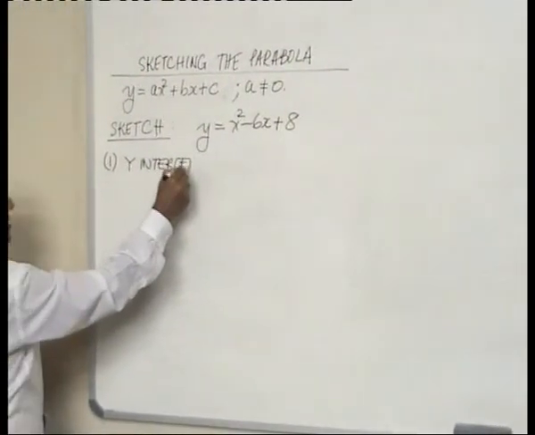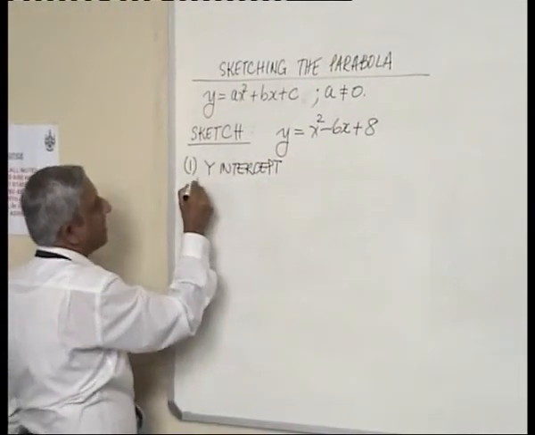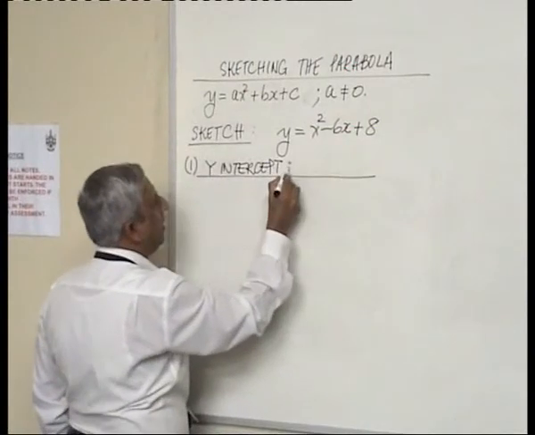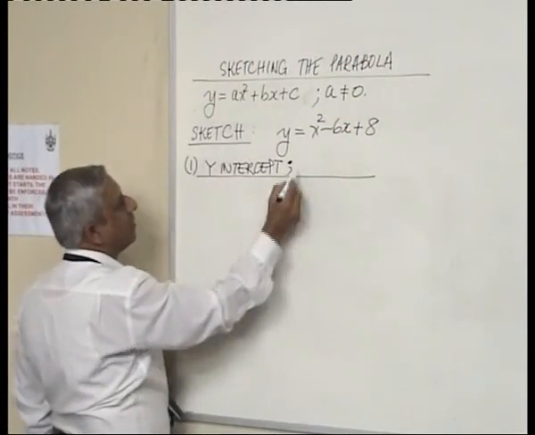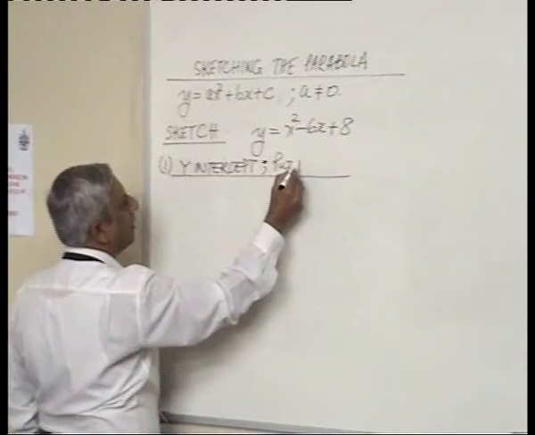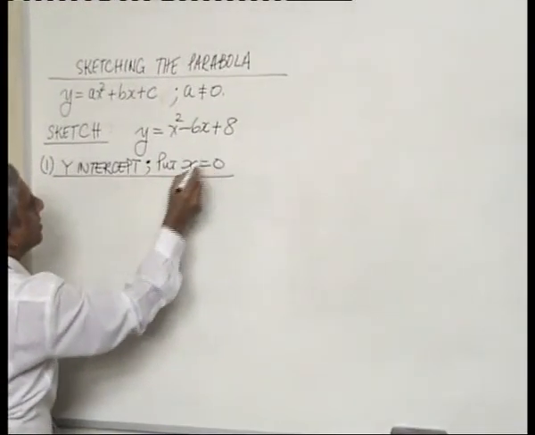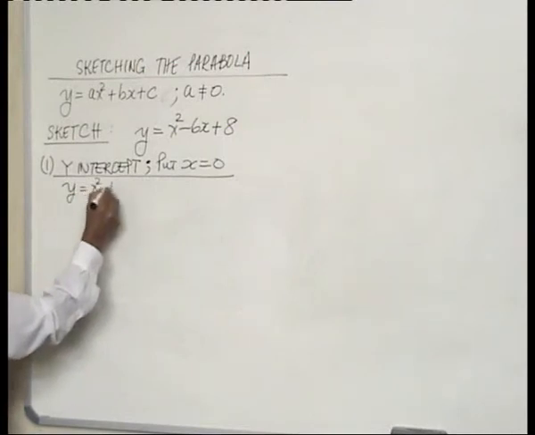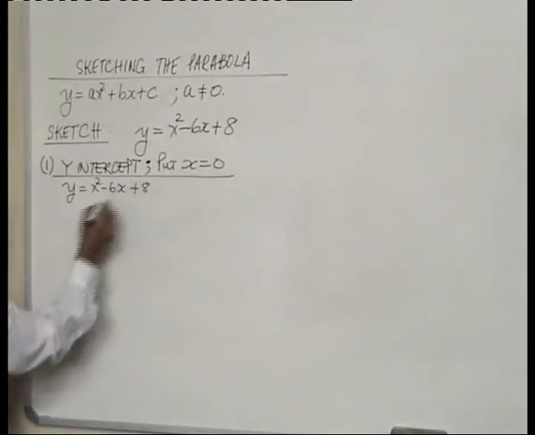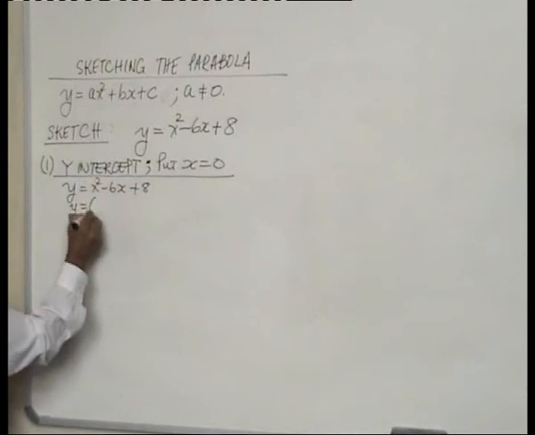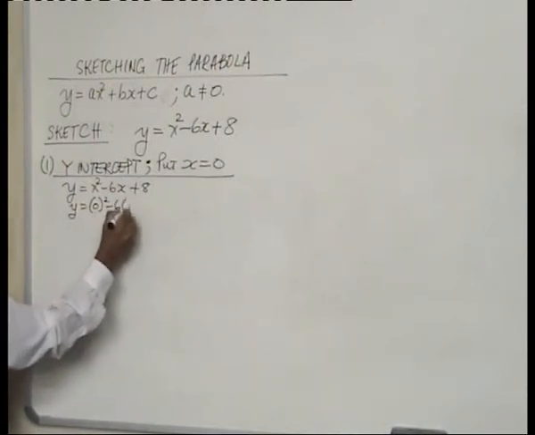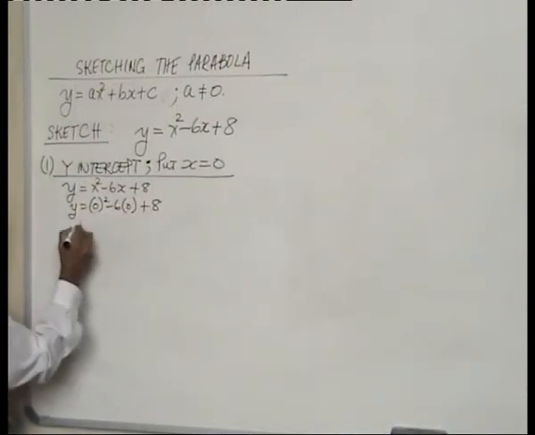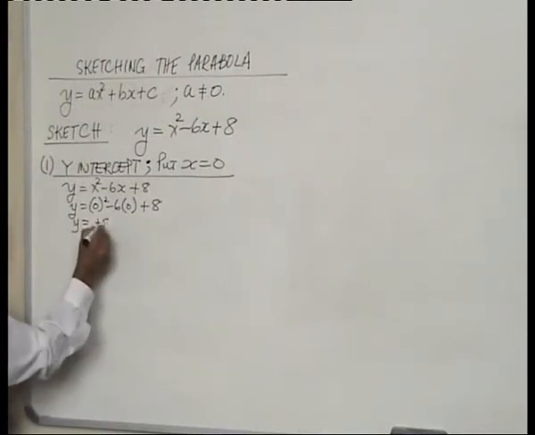And I hope that in your mind you already have an answer for me. If you wish to find the y-intercept, you put x equal to 0. Therefore, your question is y is equal to x squared minus 6x plus 8 becomes y is equal to 0 squared minus 6 into 0 plus 8, and that finally becomes 8.